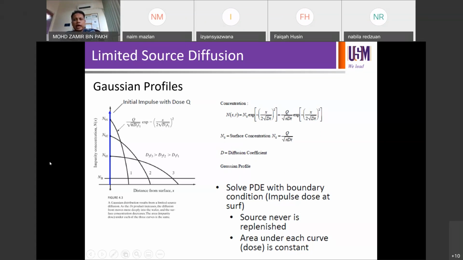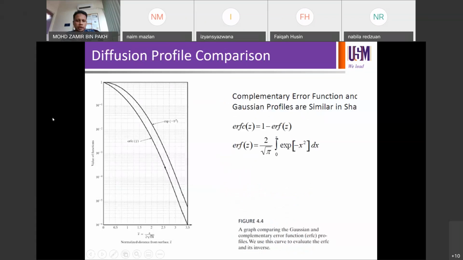So the error function profile and Gaussian profile use different sets of equations that you need to use in order to do the calculations associated with these diffusion processes. You can see both profiles on this page.